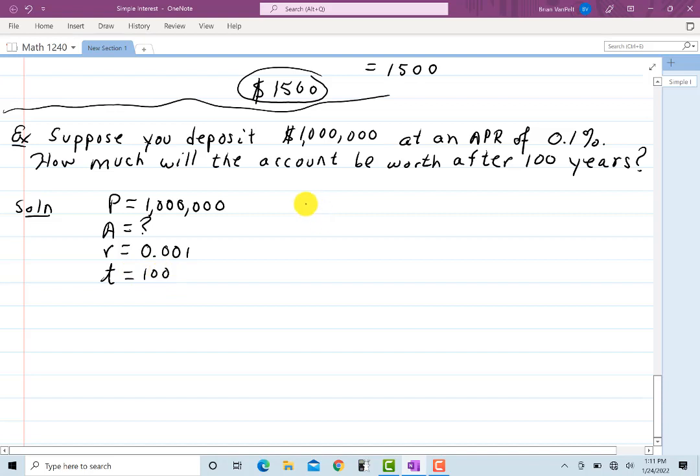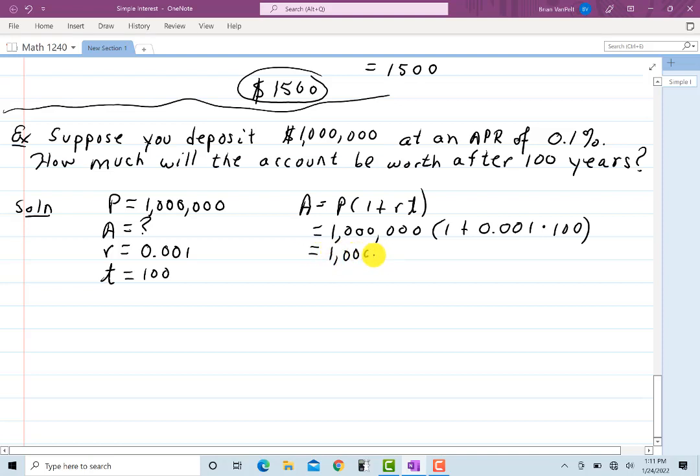So let's go ahead and see what we have. A equals P times 1 plus RT. That is 1 million times 1 plus 0.001 times 100.